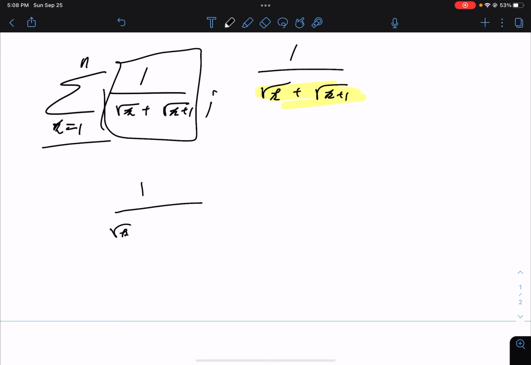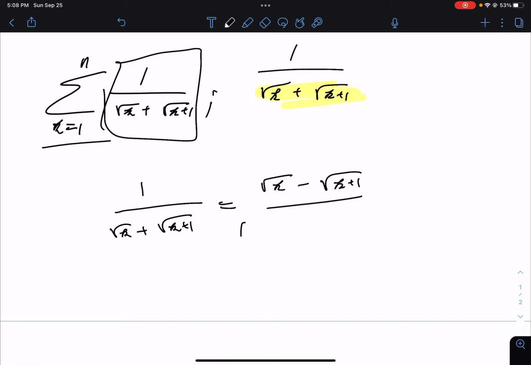So this is equal to the square root of k minus the square root of k plus 1. And I'm going to rewrite the whole expression.